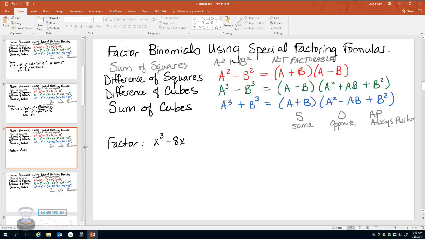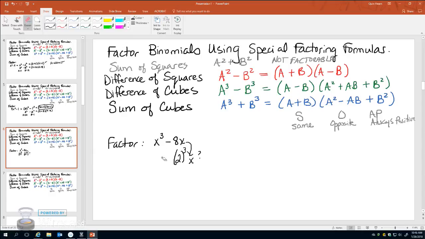And that might not necessarily be the case. So it actually isn't in this case, because if you did try to fit the pattern, yes, you have an x cubed, and in fact you have a 2 cubed, but this x here is not something cubed, so it doesn't quite fit that pattern.